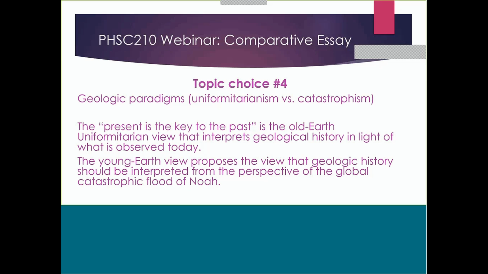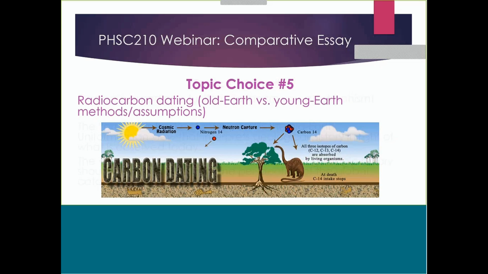So rather than saying we can look at all these processes happening today, the way beaches are formed, the way that rivers cut through landscape, and say those are the same processes that formed all of the rocks in the past, the young Earth view contrasts with that, saying no, there's something catastrophic that happened in the past that we do not see happening today that shaped the features of the Earth.